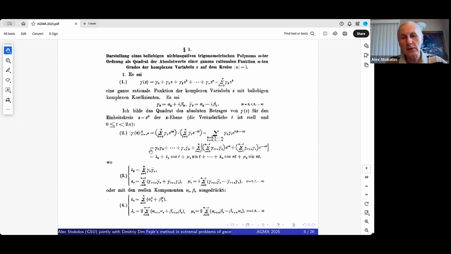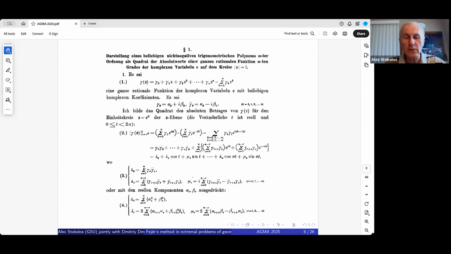And in this case, if it's possible, then the coefficients lambdas and mus of these non-negative trigonometric polynomials are related to the coefficients gammas of the algebraic polynomial in a tricky but observable way. So these are quadratic forms, you can see.